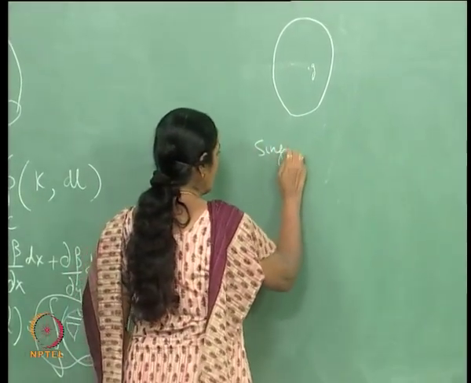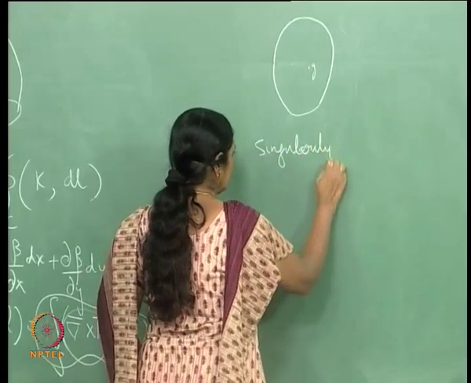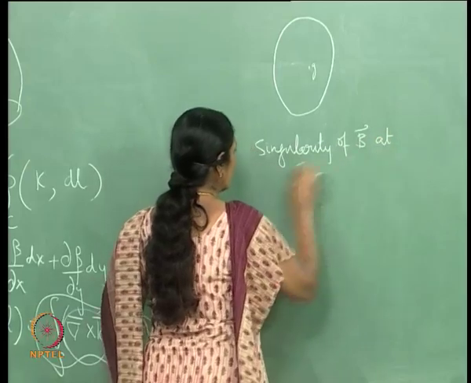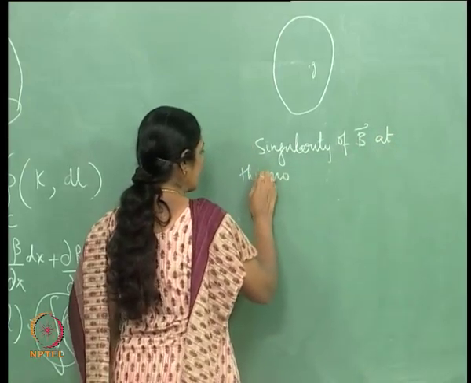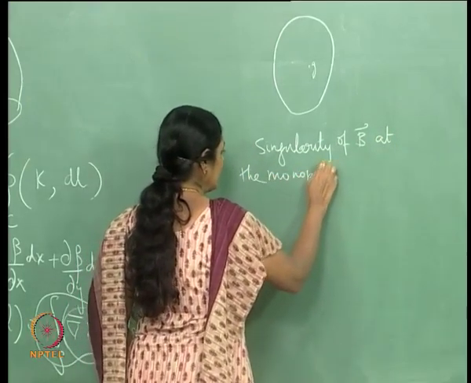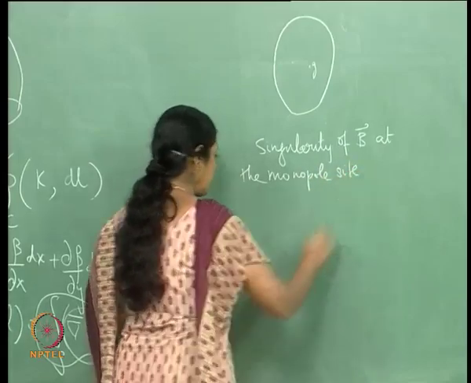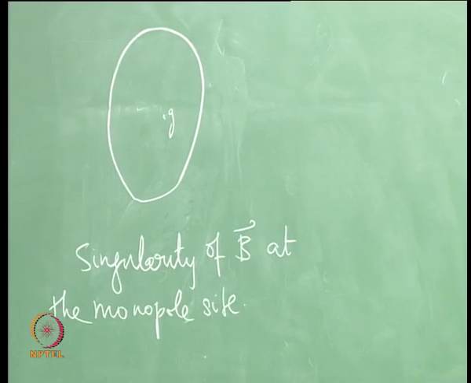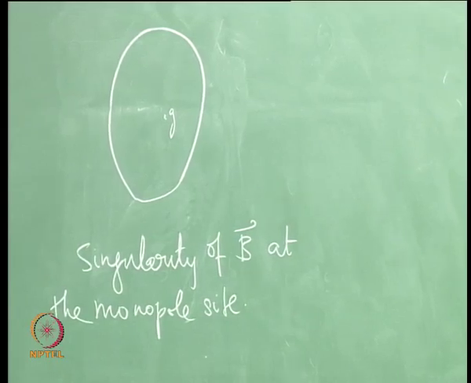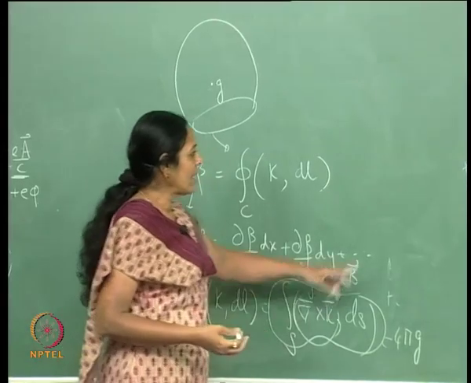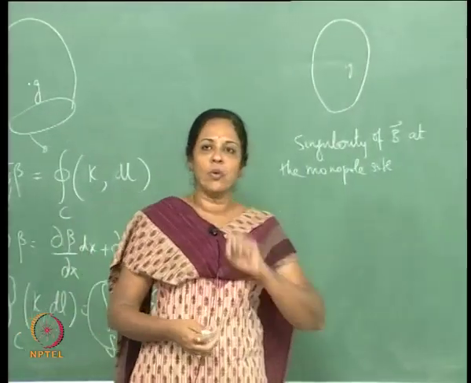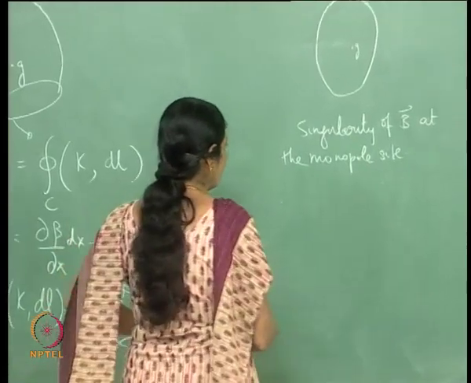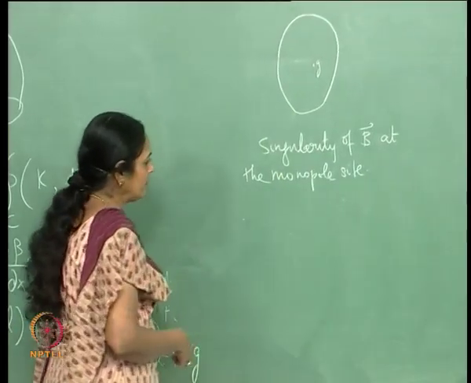So I have a singularity of B at the monopole site. That is one aspect, that if I define a B, I can still get away with it, provided I have a singularity at one point on any closed surface around the magnetic charge, which I consider here.